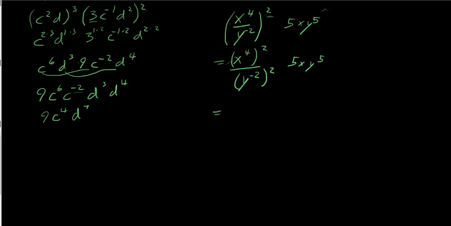Okay, so then we want to use our multiplication property of taking a variable to an exponent to another exponent. So this is going to be x to the 4 times 2, which is 8. And then we're going to have y to the negative fourth times 5xy to the fifth. But this y to the negative fourth is down in the denominator here.